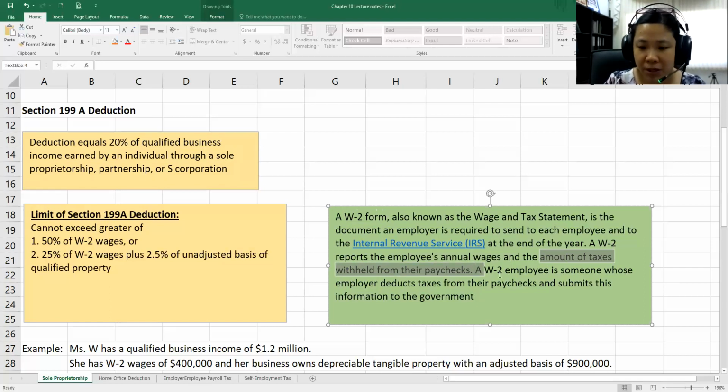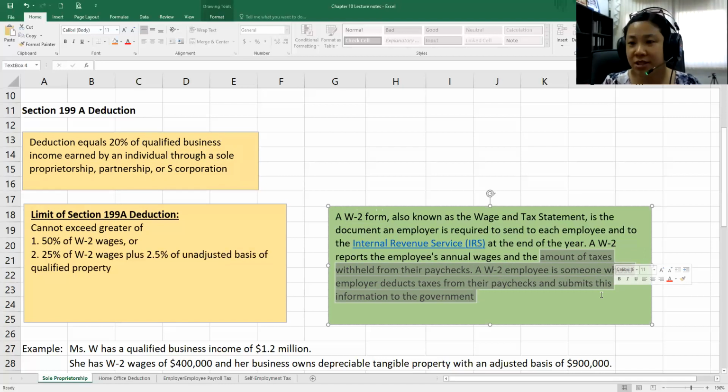A W2 employee is someone whose employer deducts taxes from their paychecks and submits this information to the government. So if you're working for some organization and they pay you a salary and the company withholds some amount of your salary to pay the tax to the government, we call it W2 wages.